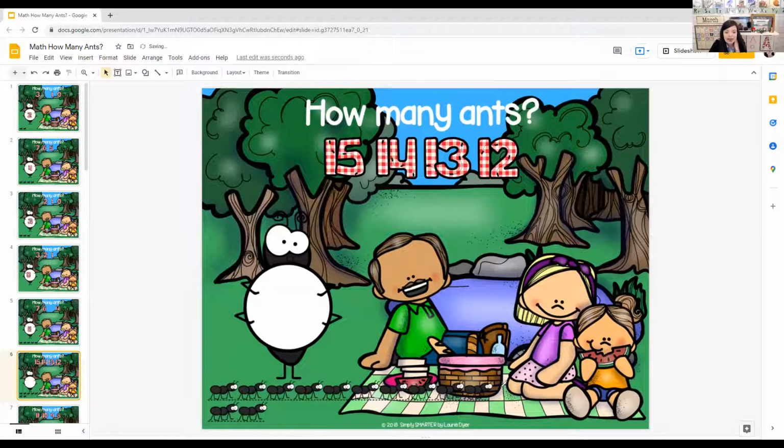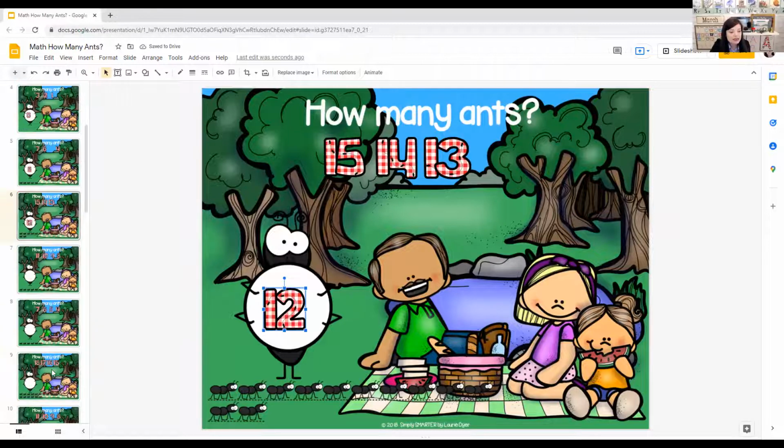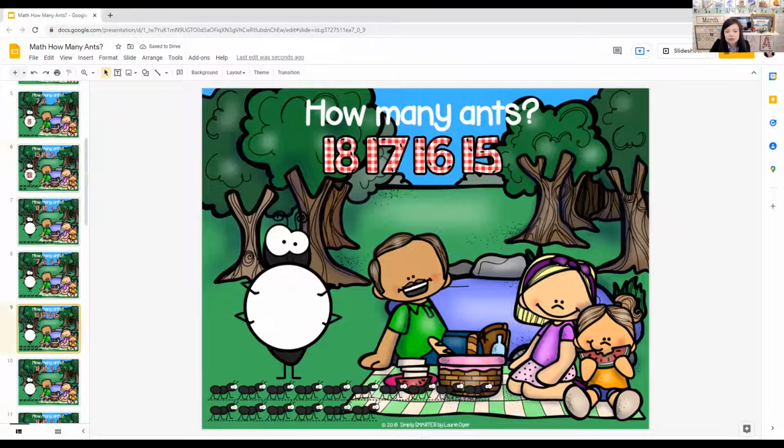How many ants are trying to get our watermelon? 1, 2, 3, 4, 5, 6, 7, 8, 9, 10, 11, 12. Can you find number 12? 12 is a 1 and a 2. How many ants are trying to get our picnic? That's a bunch.